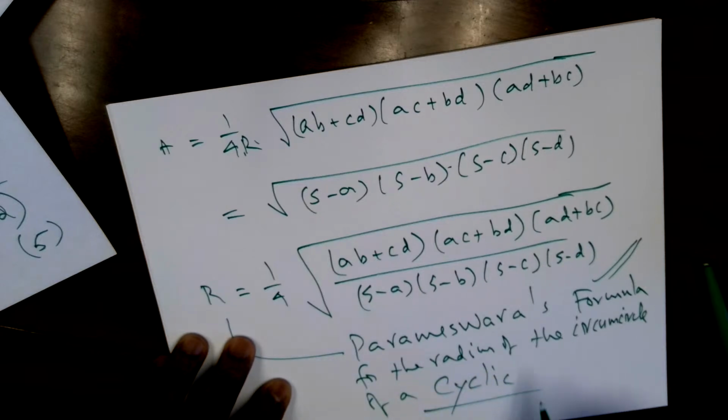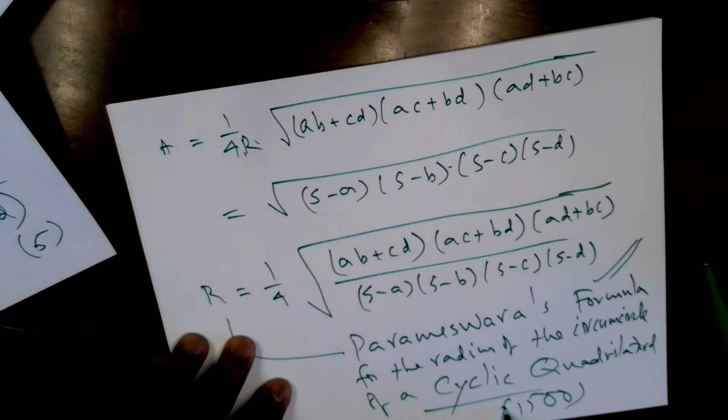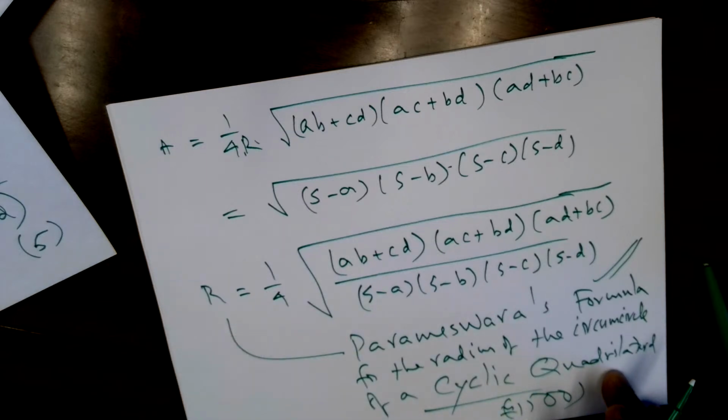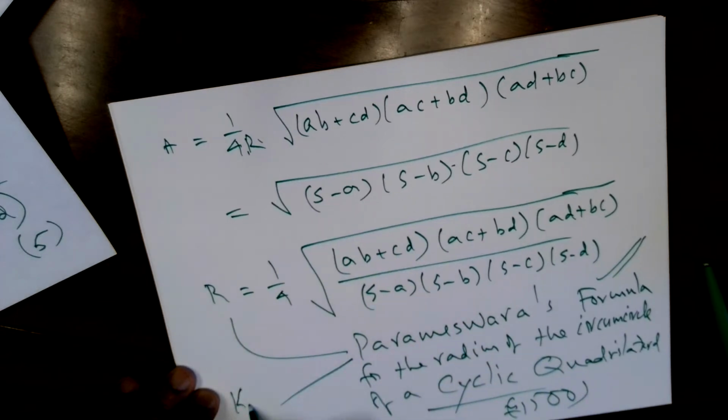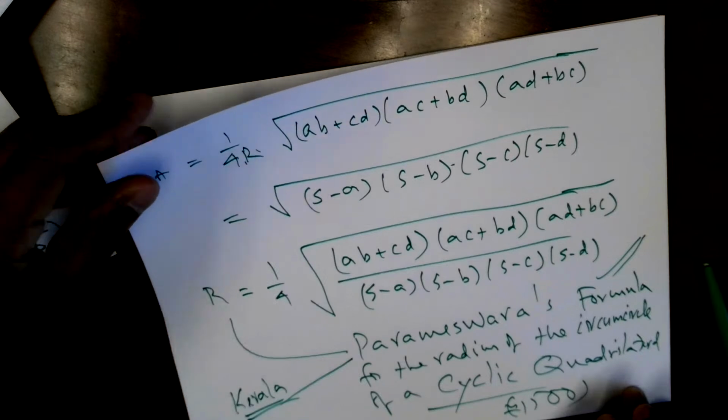Of course, the quadrilateral is cyclic. I believe this is around 1500 or somewhere around there. Parameshvara is from the bottom part of India, a state called Kerala.